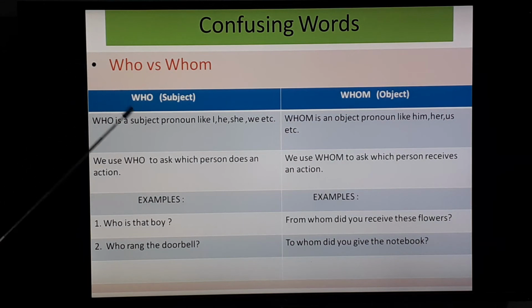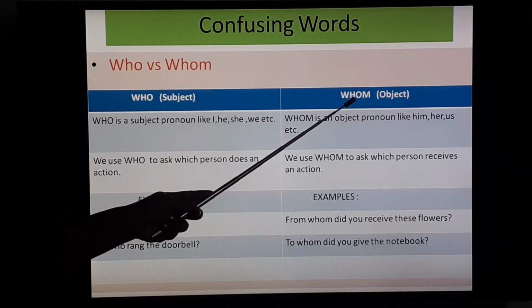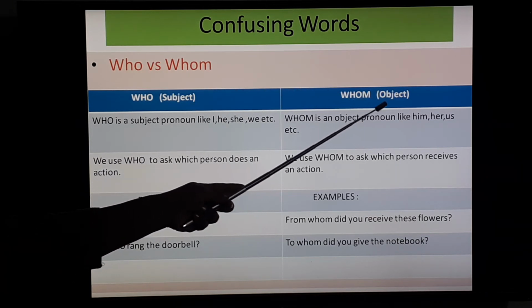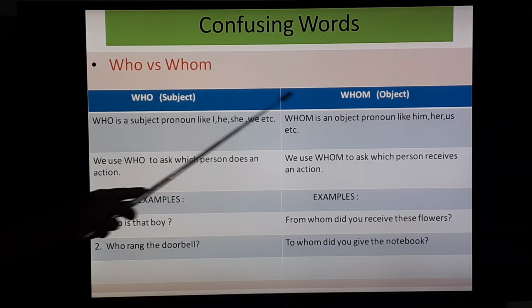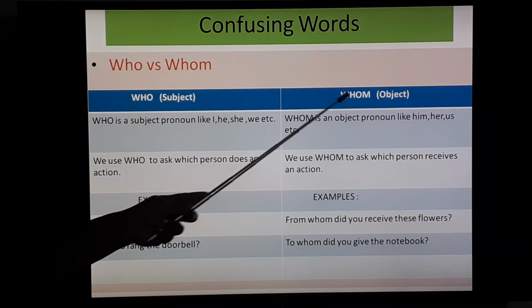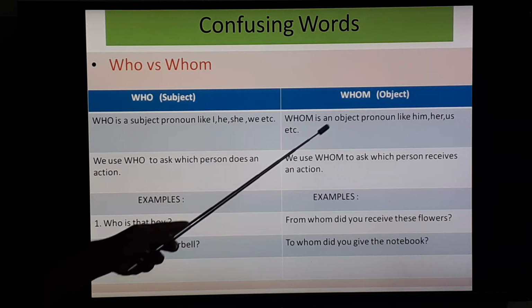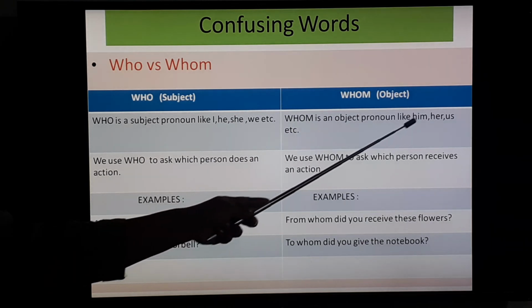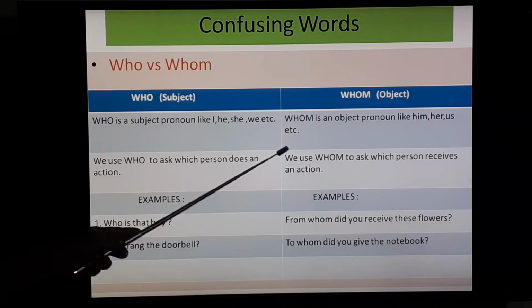First of all, who shows the subject, and with whom you get an object. So you have to be very clear first. Who is a subject pronoun like I, he, she, we and so on, whereas whom is an object pronoun like him, her, us, etc.